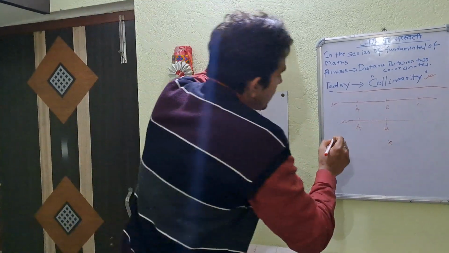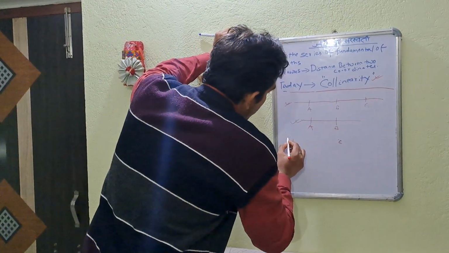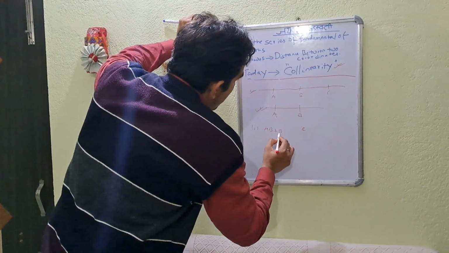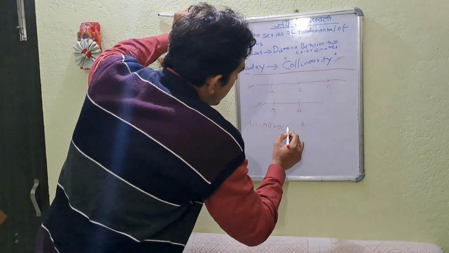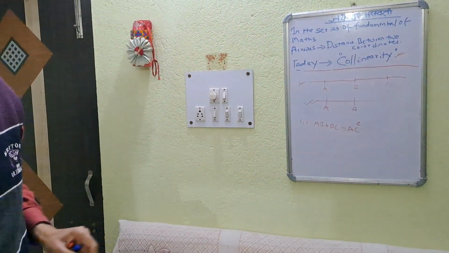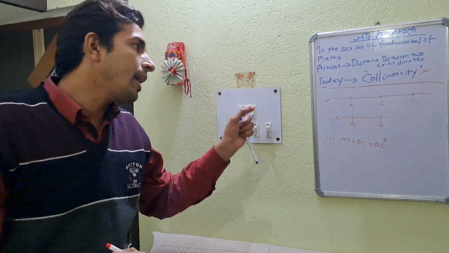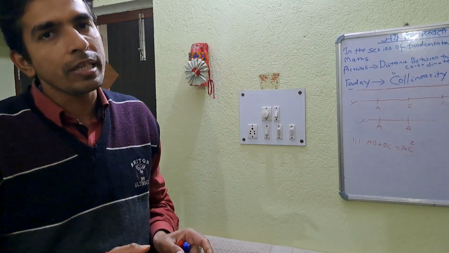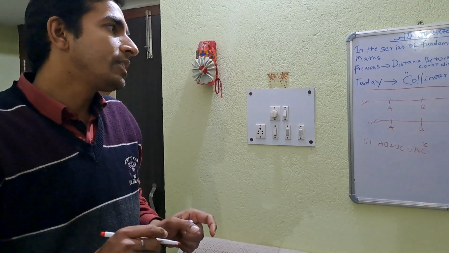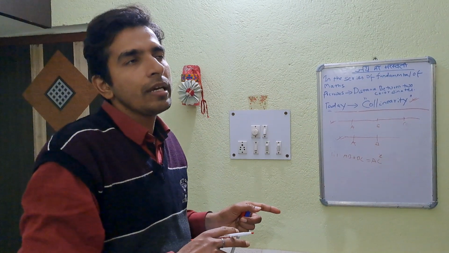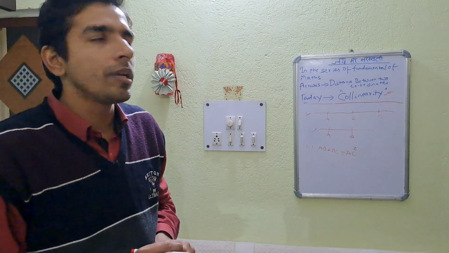The first condition is AB plus BC should be equal to AC. This is the first condition: if AB plus BC is equal to AC, then we can say that the points A, B and C are lying on the same straight line, and these 3 points will be collinear.